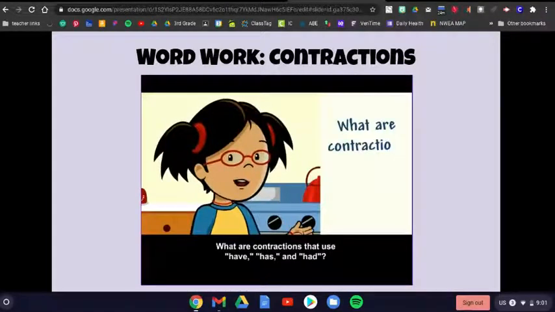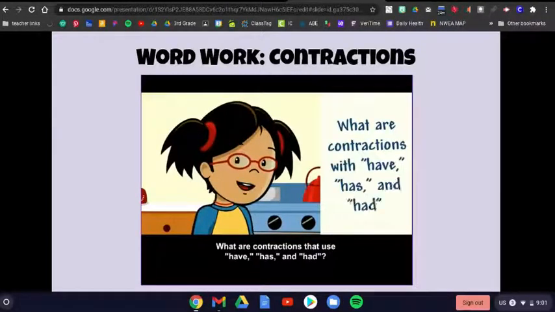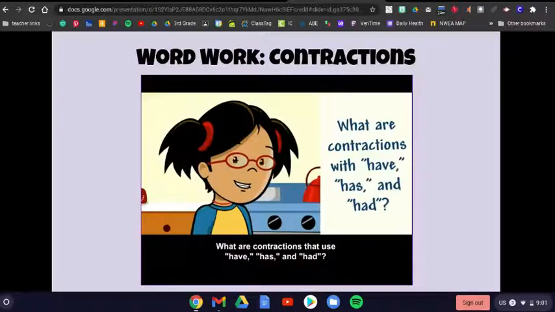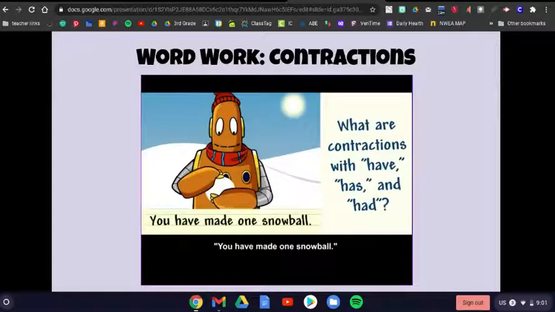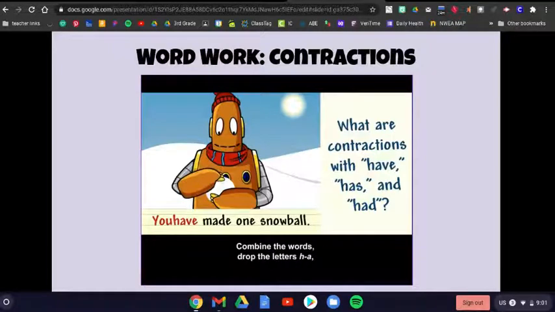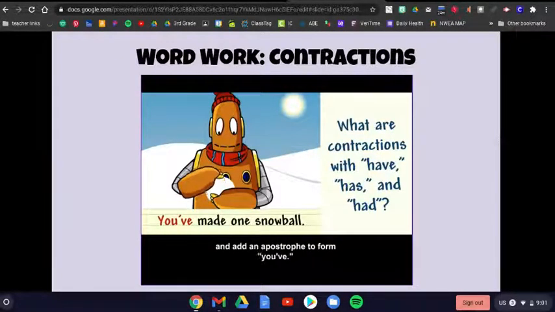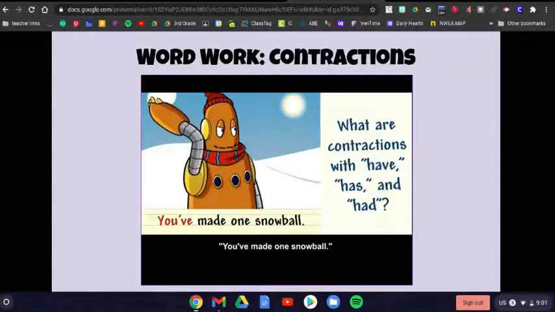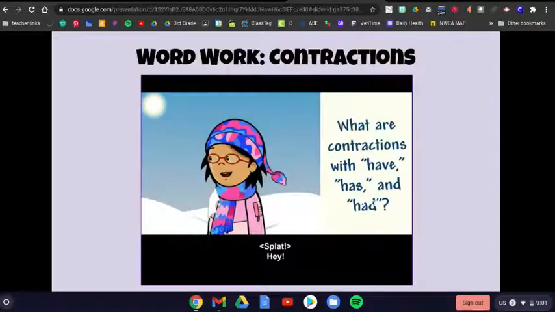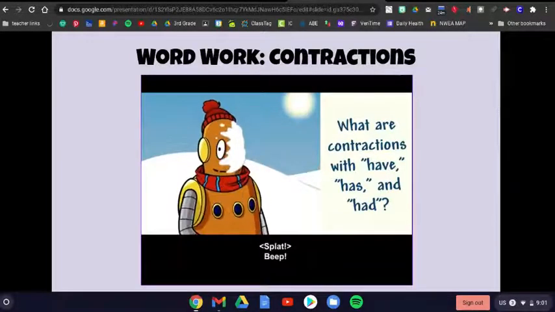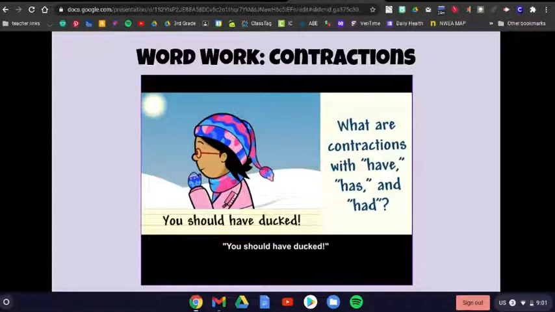What are contractions that use have, has, and had? You have made one snowball. You can turn you have into a contraction. Combine the words, drop the letters HA, and add an apostrophe to form you've. You've made one snowball. Hey! You should have ducked.